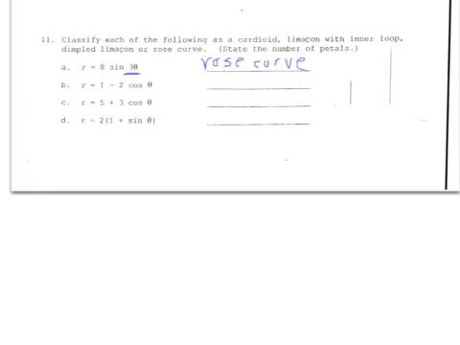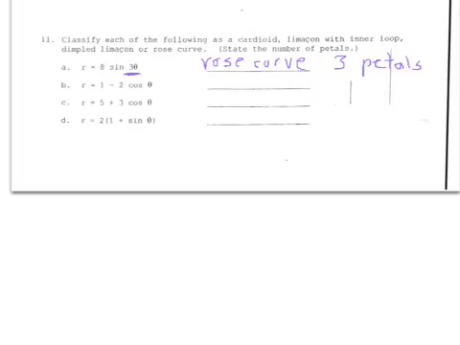And if you look at your sheet, if we have n number of petals and n is odd, we just have that number of petals. So this guy's going to have 3 petals. If there was a 2 by the theta, we would have 4 petals because you need to double it.